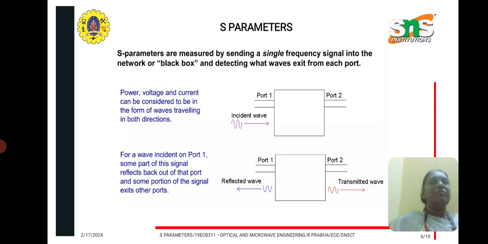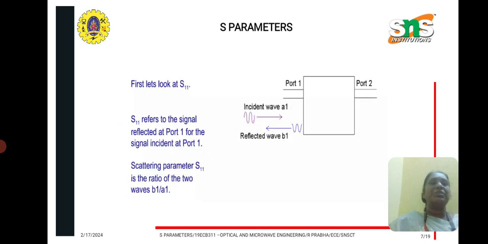So the incident wave is at port 1, and in the opposite direction to the incident wave there will be a reflected wave because of impedance mismatch or other reasons. And the transmitted wave is the useful wave which is transmitted from port 1 to port 2 for various applications.